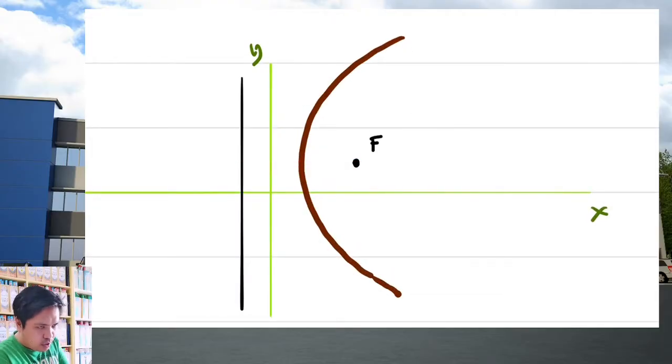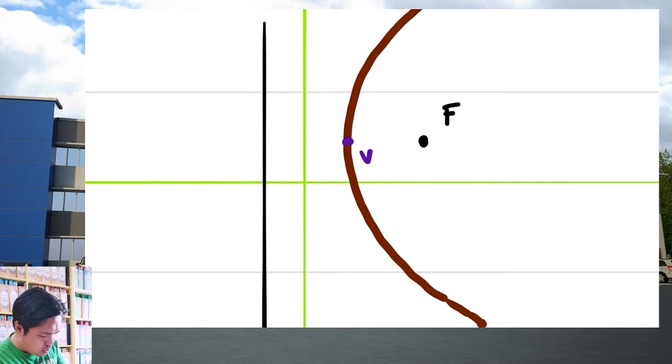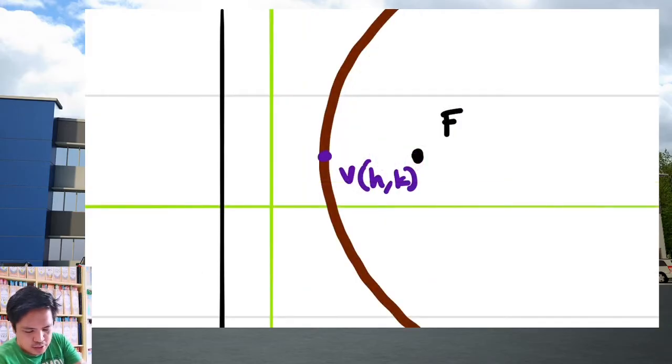So this leftmost point of this parabola is called the vertex. Let's label this as V, or vertex. And this vertex is located at (h, k). So this point is h distance from here and k distance from here. Let's call that h. Now let's take this distance as a.